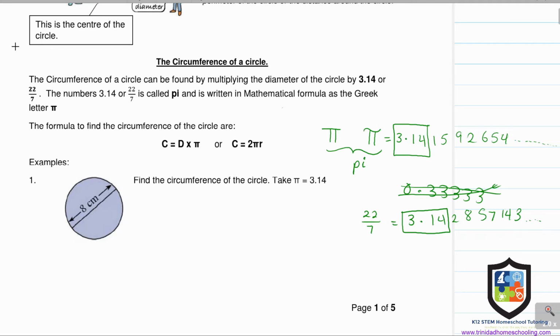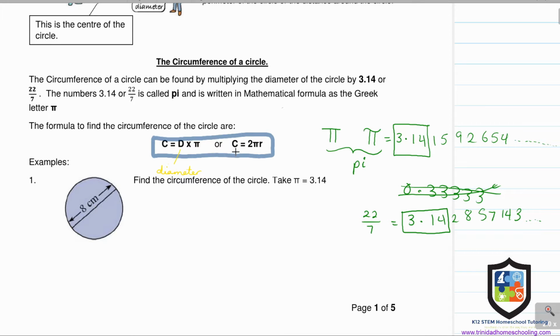Now the formula to find the circumference of a circle is this. The circumference is equal to the diameter multiplied by pi, and we said pi could either be 3.14 or 22 divided by 7.